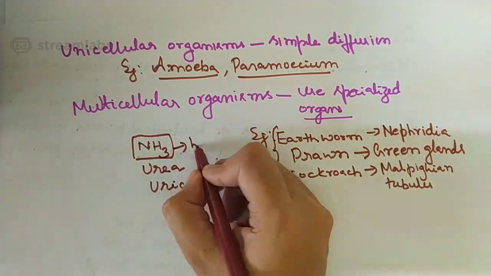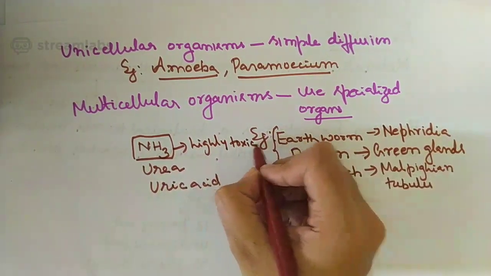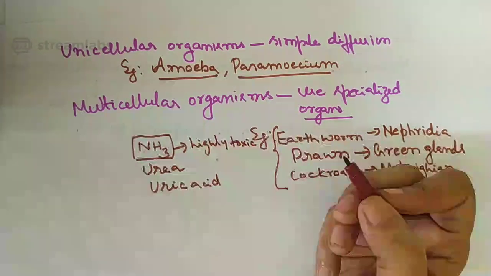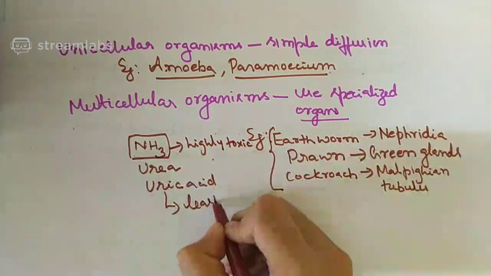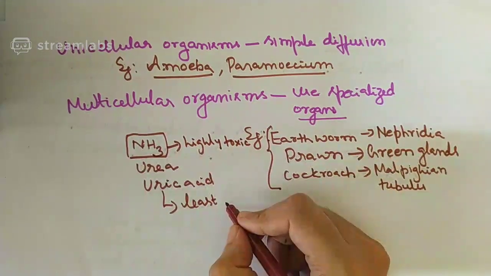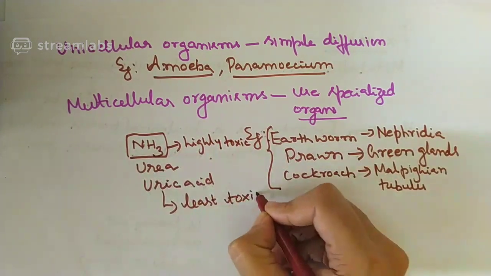Ammonia is highly toxic nitrogenous waste produced by the body. Uric acid is least toxic.